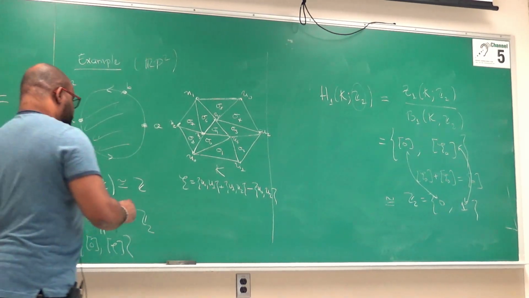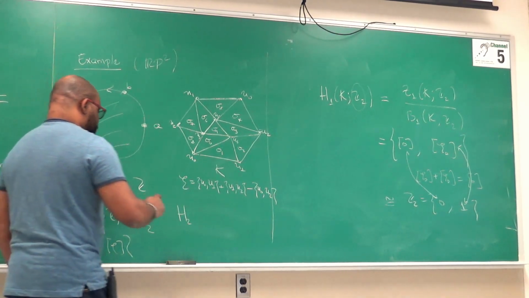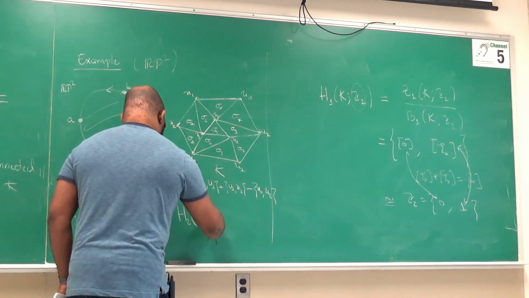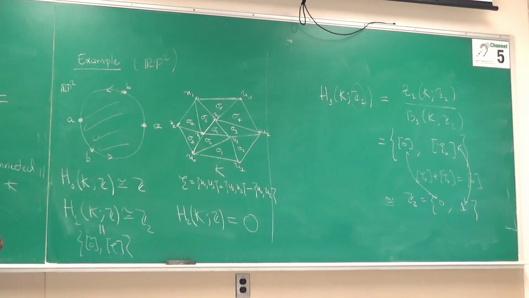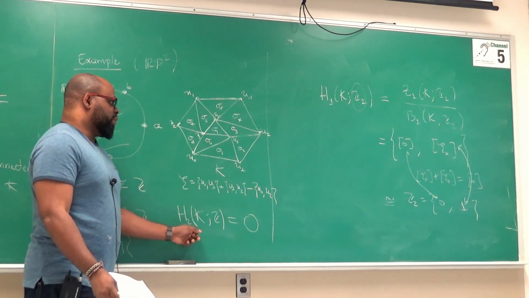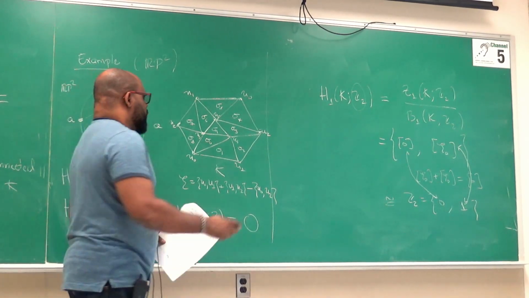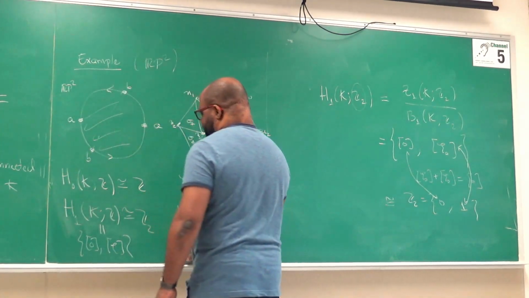And we also computed that H2, or maybe we didn't compute it, but the claim is that if you compute this, then you get 0. The reason is that there are no two-dimensional cycles, at least over the integers, because the space is not orientable.